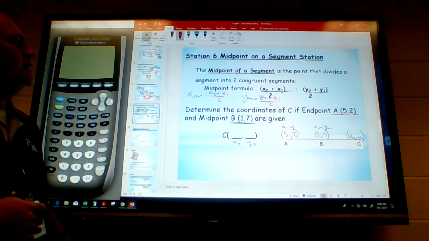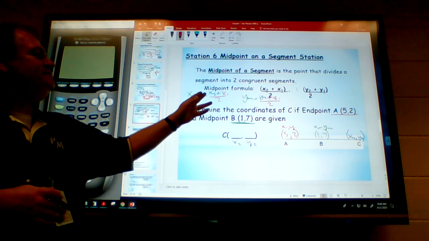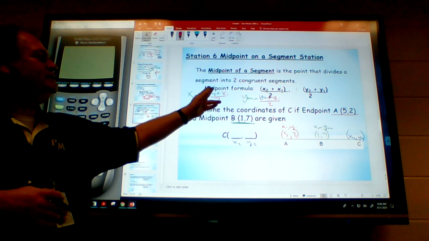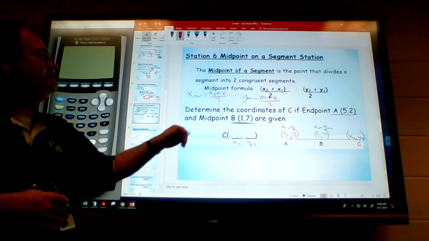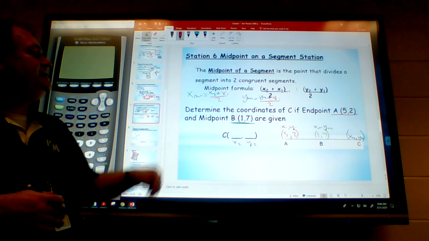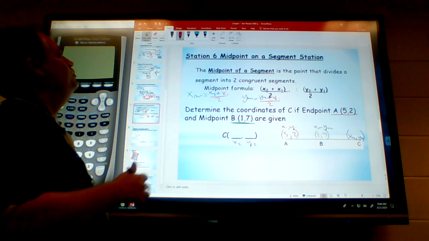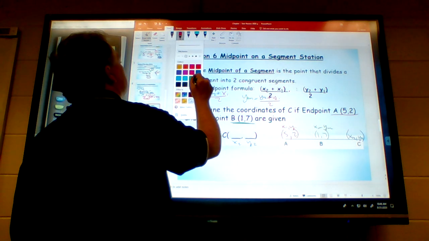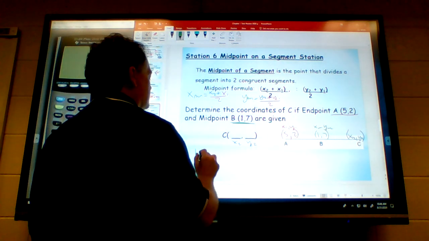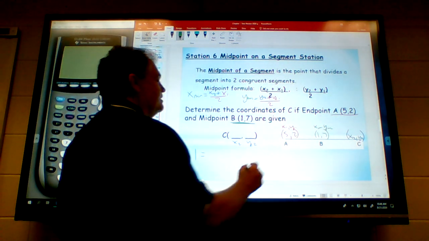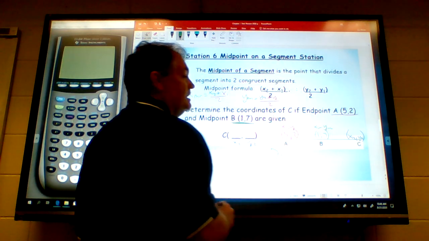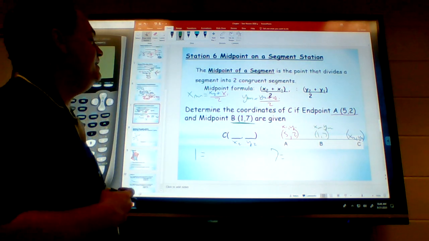Okay. It's basically instead of putting the two endpoints here and dividing by 2 and adding them together, I'm going to replace the midpoint with that. So here's what I'm going to do. I can already bet you, some of you, this is kind of confusing. I completely understand why that is the case.